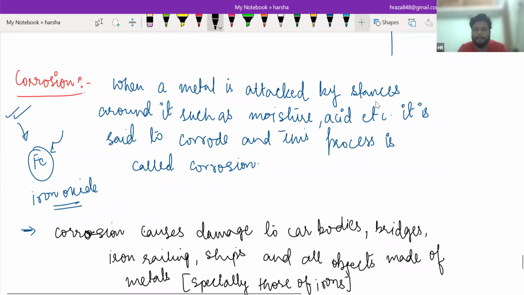So you can see, whenever moisture or acid attacks car bodies, bridges, iron railings, ships, and everything made especially of iron, that process is called corrosion. And that's why whenever we use iron, we paint it so that corrosion will not take place and damage will not take place.